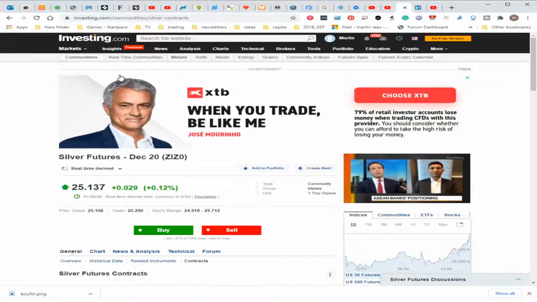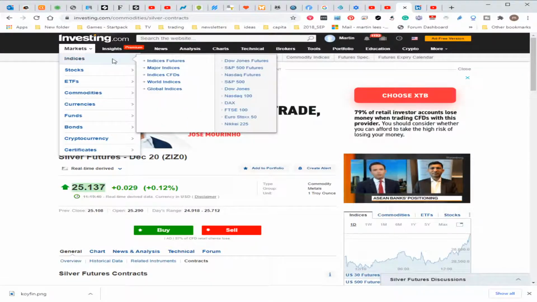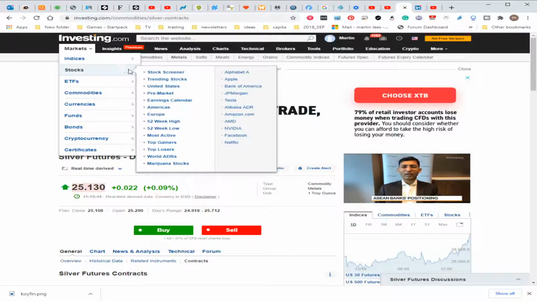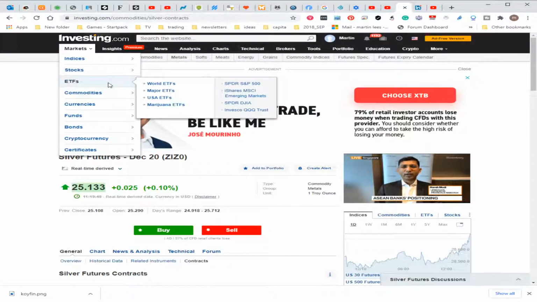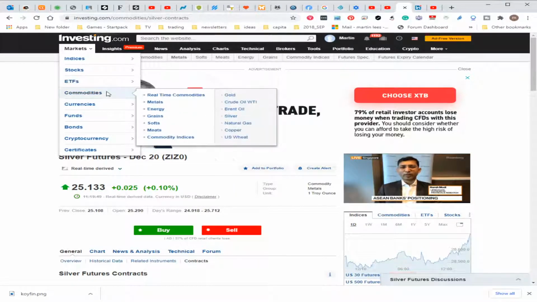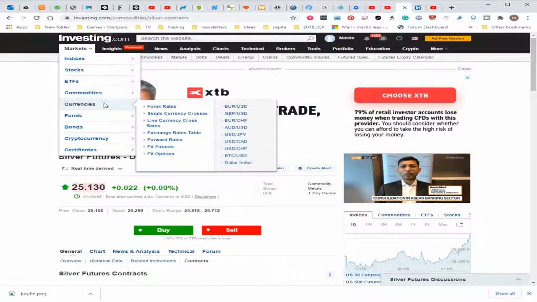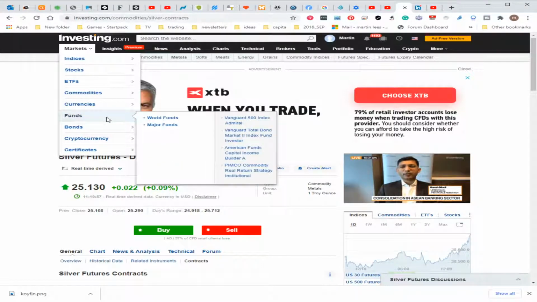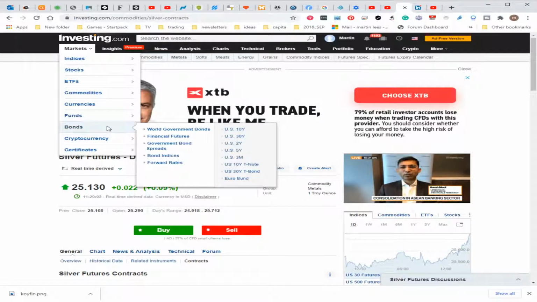So there's a lot going on. The usual indexes that you can do, stock screening, trending stock. There's a lot to look at, the major ETFs, the major commodities, the currencies, the funds, the bonds that you can follow around the world.